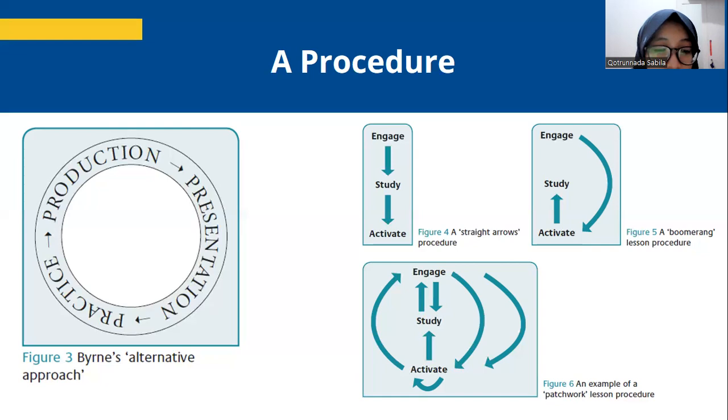In this situation, which contextualizes the language to be taught, the language is then presented. The students practice the language using accurate reproduction techniques such as choral repetition and individual repetition. Later, in the production phase, the students use the new language to make sentences of their own.